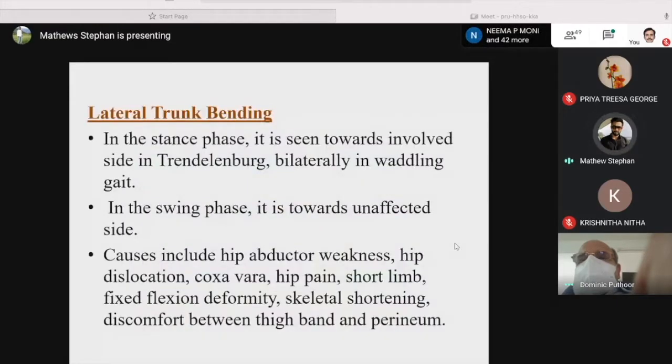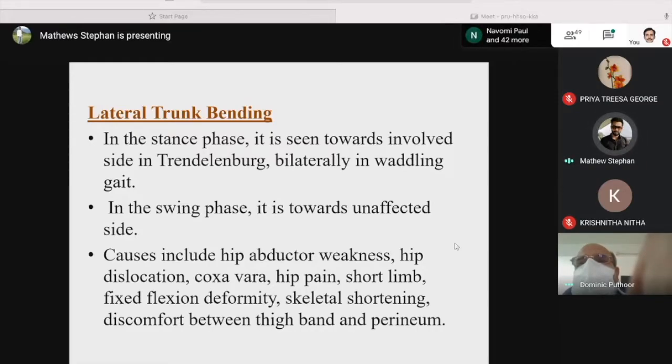Next, coming to lateral trunk bending. This term is mainly used in cases of amputation where a prosthesis has been used. In the stance phase, it is seen towards the involved side. In central lumbar, bilaterally, then it's waddling gait. In the swing phase, it is towards the unaffected side.